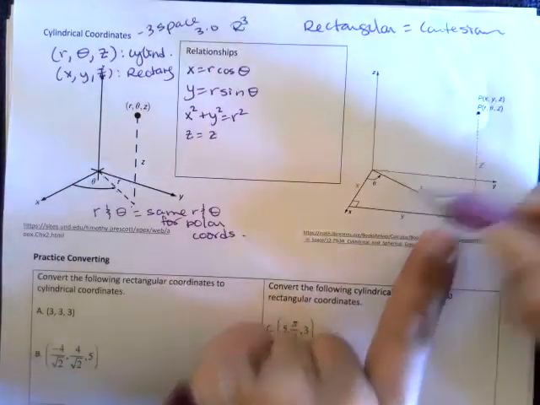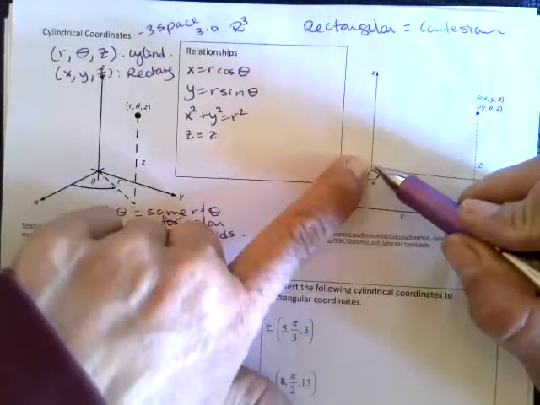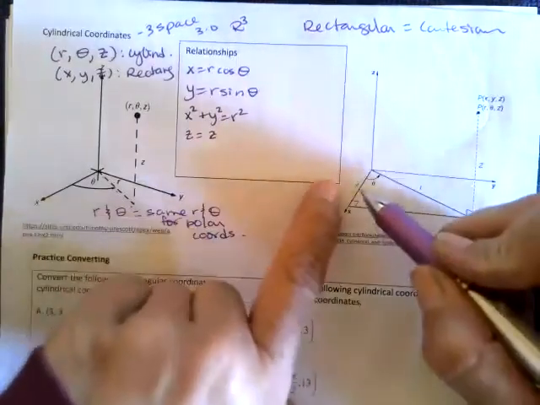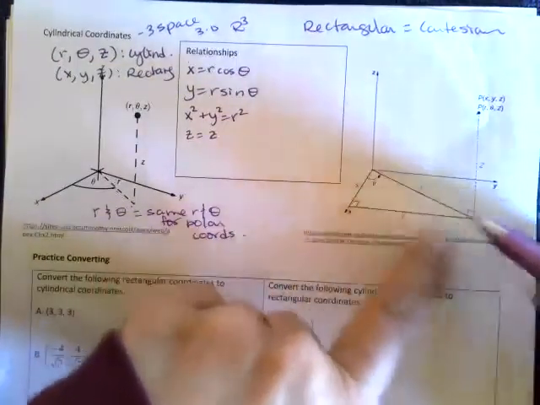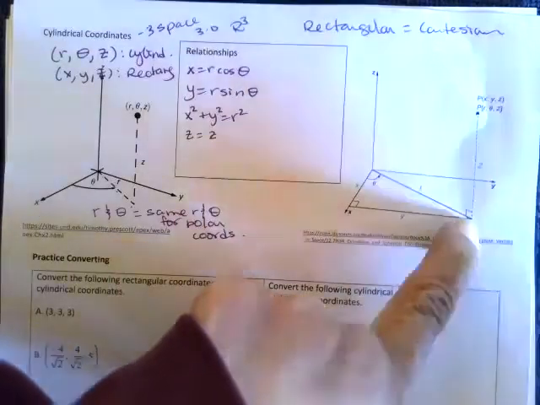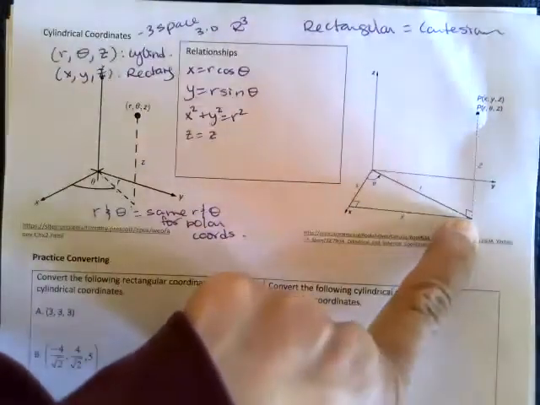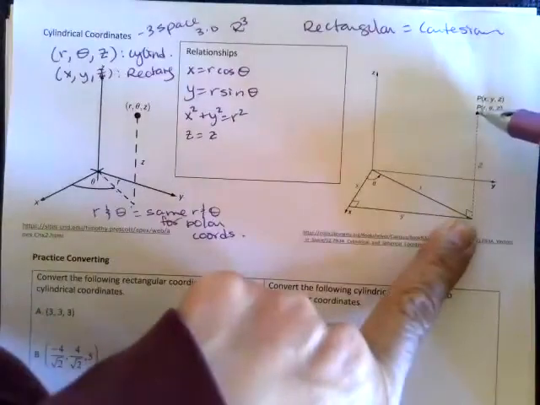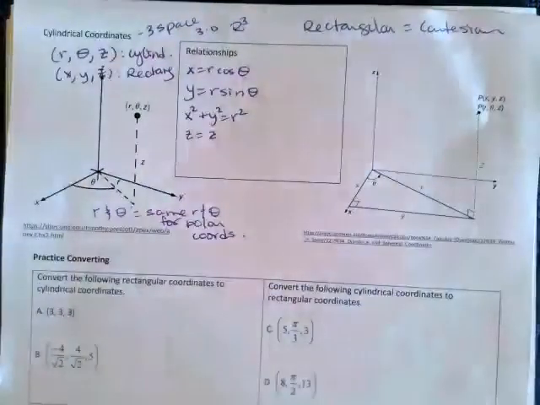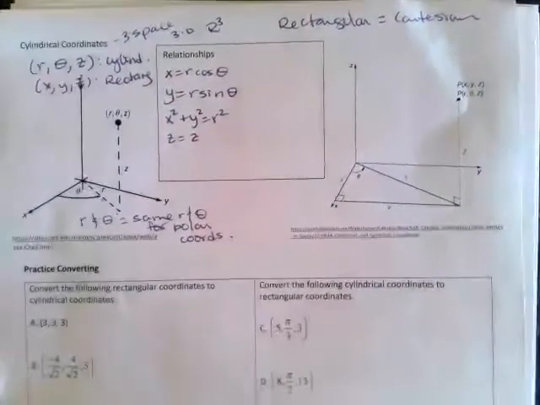Or you could say, from the origin, walk R spaces out in a theta-like direction. That gets you to that same point here on the XY plane, and then go straight up. Those are just 2 different ways to describe how to get to this point out here in 3 space.